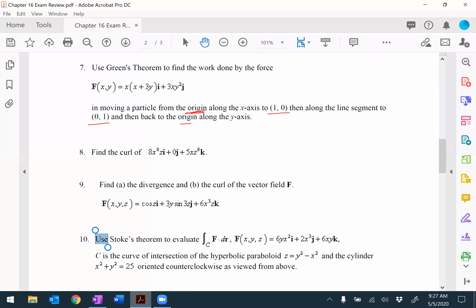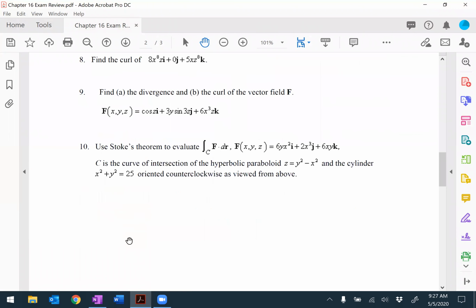Use Stokes' theorem to evaluate the line integral, where the curve C is the curve of the intersection of the hyperbolic paraboloid z equals y squared minus x squared, and the cylinder x squared plus y squared equals 25, oriented counterclockwise as viewed from above.